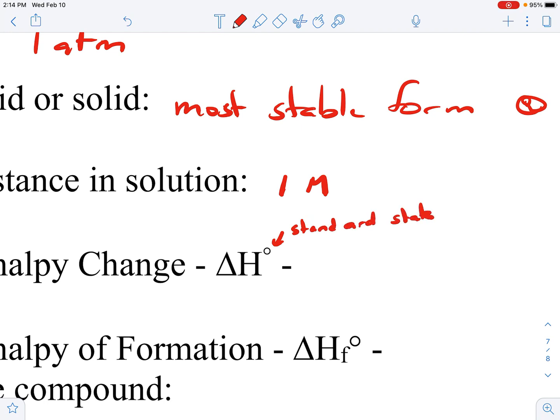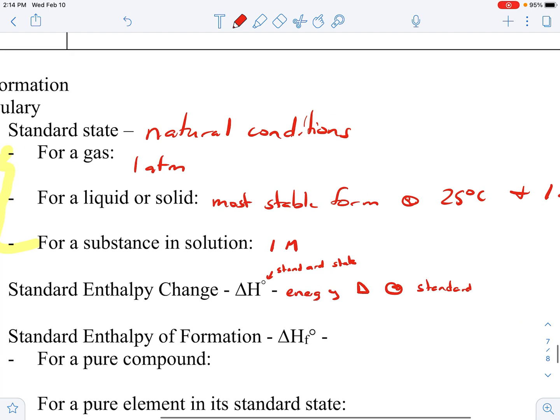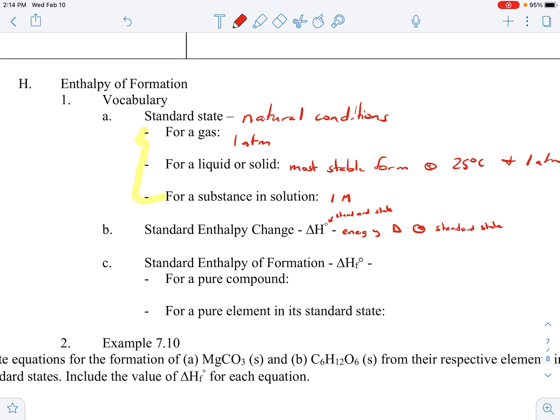So when you see that, either in this unit or units beyond, we're talking about standard state, which are these specifications up here. So standard enthalpy change is the energy change at the standard state, and we can do some things with that, which is what we're going to talk about here.